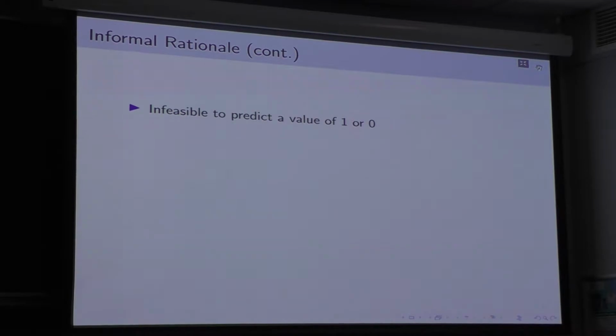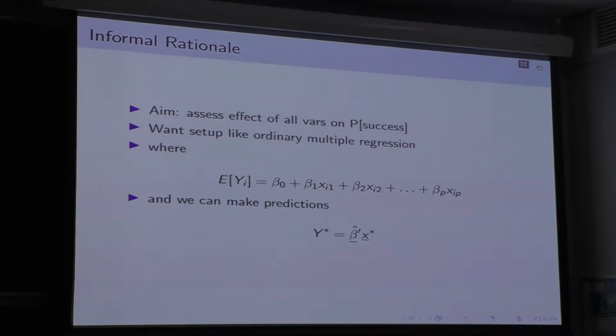Now, if you think about it, what we're going to want to do is to say that some linear combination of X values, our covariates, and we're not saying anything about the covariates that they have to be just binary things themselves.